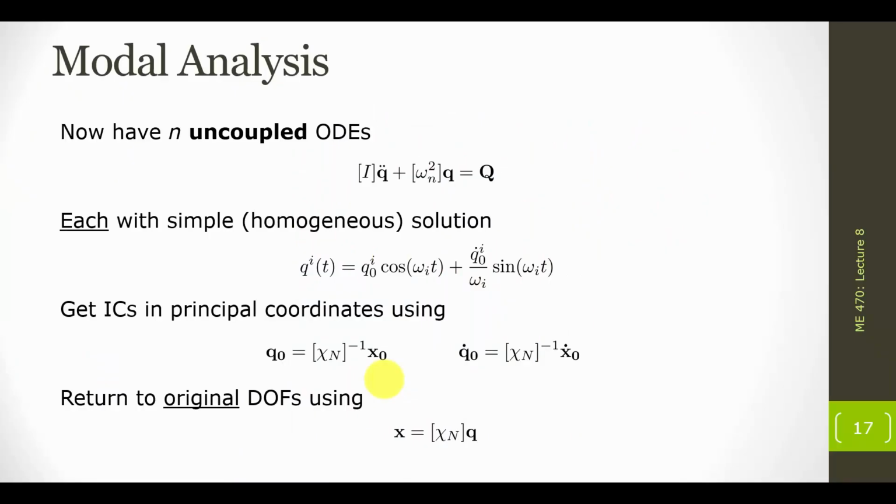So the last step, now that we have solved for our principal coordinates in closed form, we're going to go back into our original physical coordinate system x1, 2, and 3. So to do that, we just have to take the q's we found, pre-multiply by that mass-normalized modal matrix, and then we're back to our original coordinate system, which is really what we were interested in to begin with.